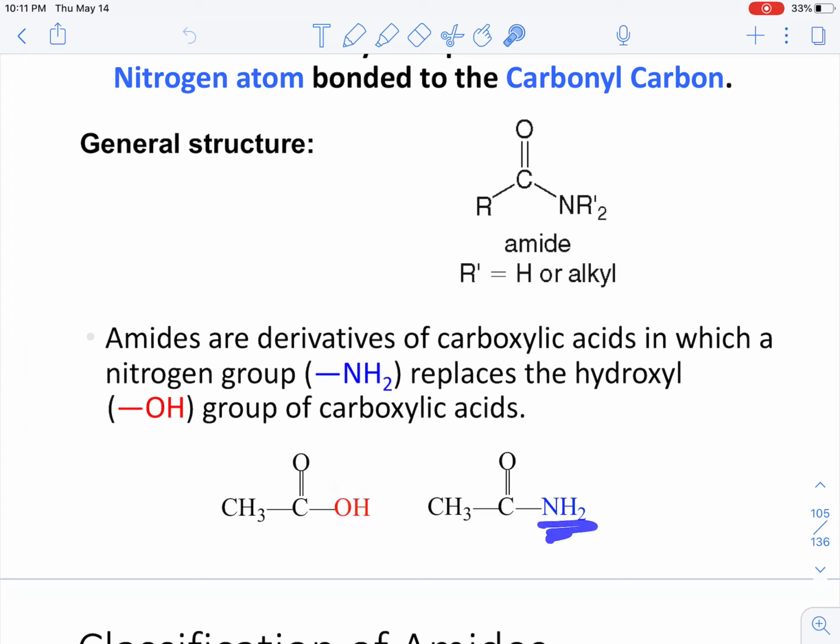If an amine is covalently bonded to this carbonyl carbon that belongs to the carbonyl group, then this whole structure is going to be referred to as an amide. If you recall from the previous lecture video, amines are classified as primary, secondary, and tertiary. That classification carries on to amides as well.